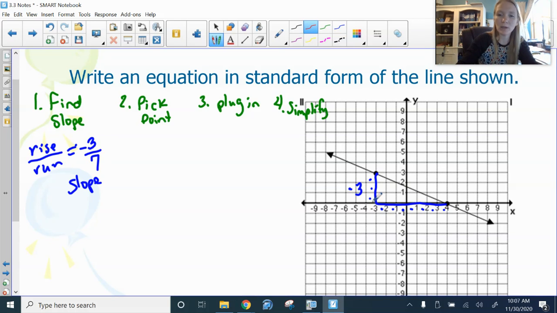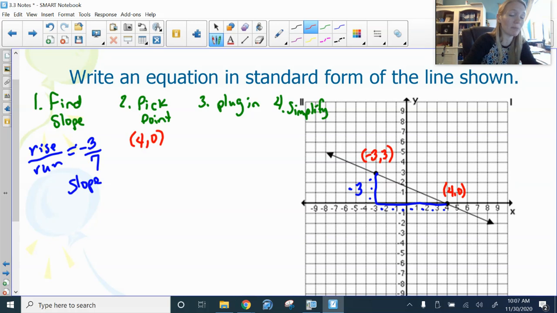We're going to pick a point. Do we want to pick the negative 3, 3, or do we want to pick the 4, 0? I think I'll just pick the 4, 0. I like the 4, 0 because the 0 in it means I won't have as much stuff to deal with.